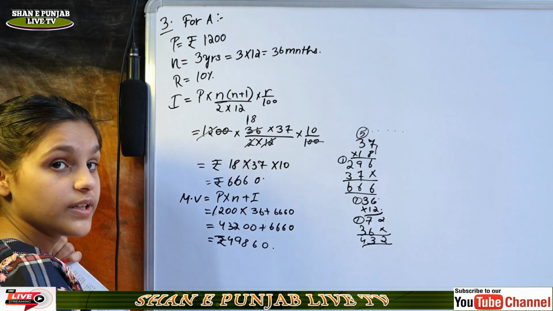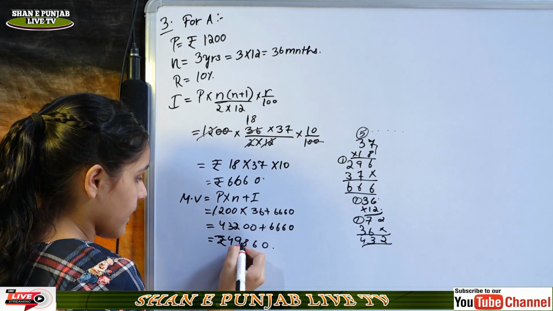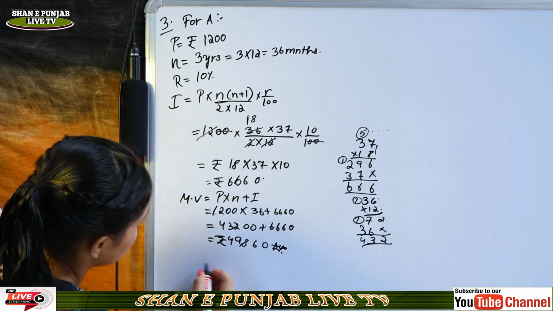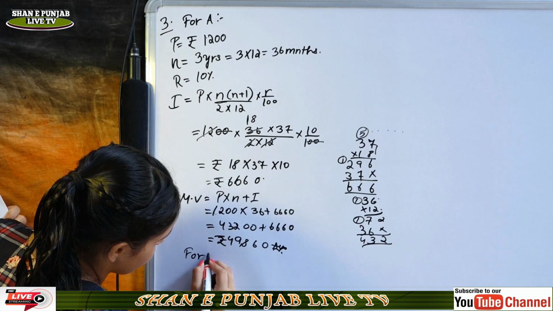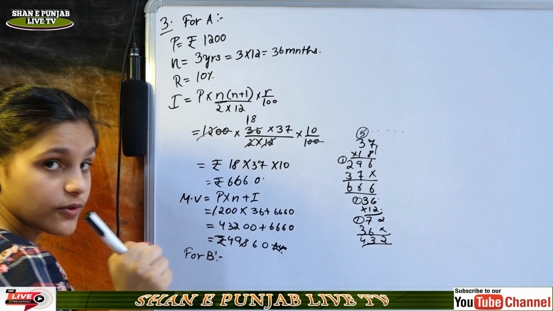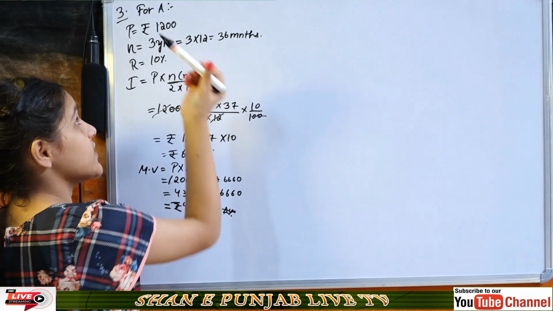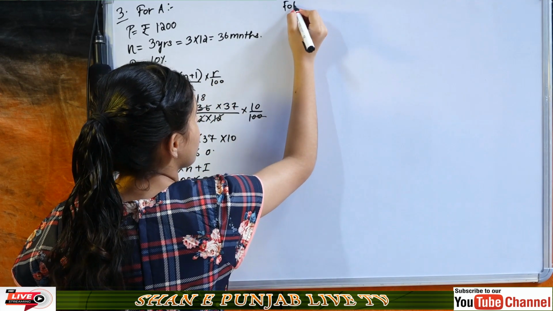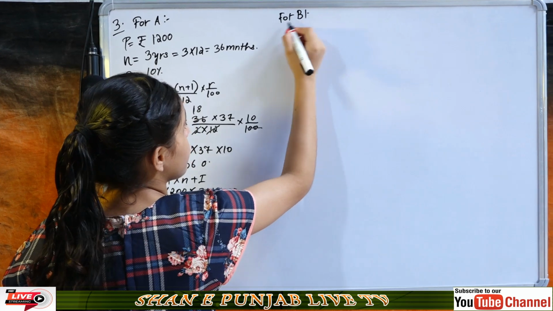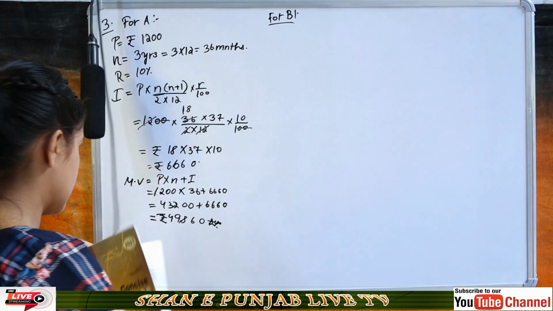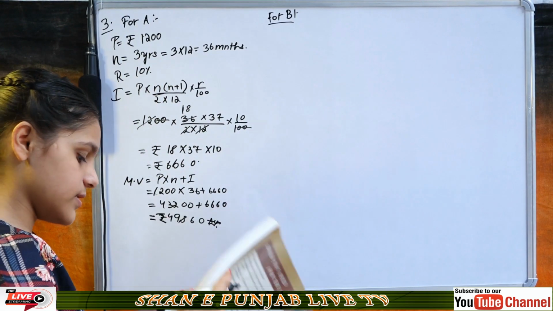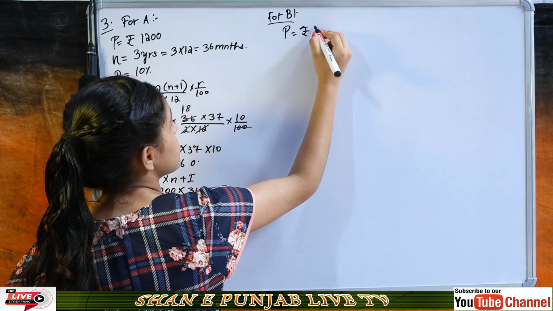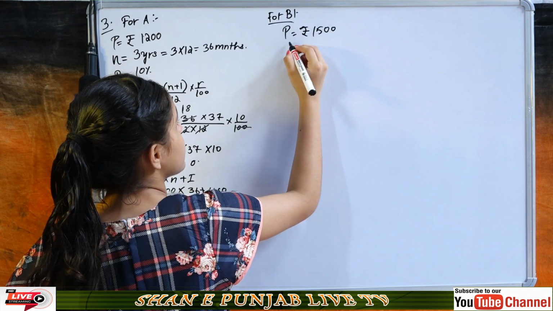Now for B. This was for A. Now according to the question for B. They gave us principal as rupees 1500.